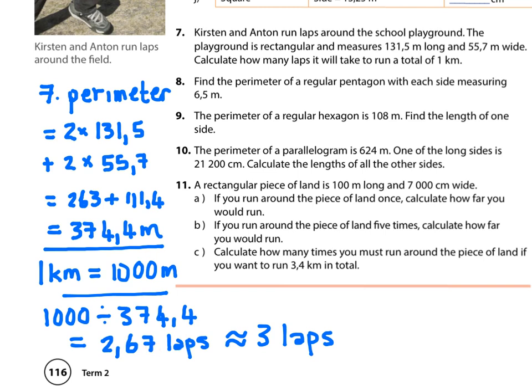And normally when you're running a lap, you don't stop halfway through your lap, so we're just going to complete the lap and say it's going to take 3 laps to get to 1,000 meters or 1 kilometer. Please try the rest of these questions on your own, 8, 9, 10, 11, and send your answers through to your teacher.